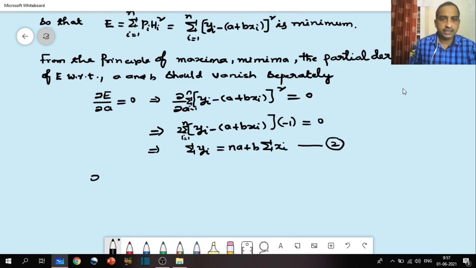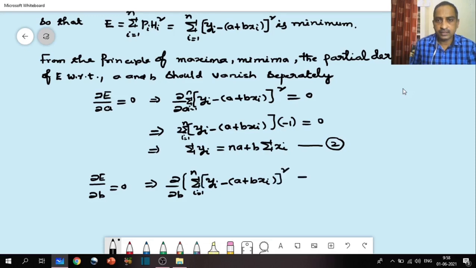So the next one is dou E by dou b equals 0. That implies dou by dou b of summation i equals 1 to n of y_i minus (a plus b x_i) the square, right, equals 0.